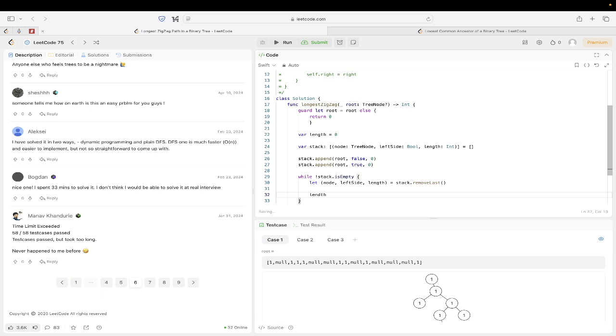We need to change this so I don't confuse myself. So we need to set this to equal our max. Right, so we're gonna have our longest, then our length.